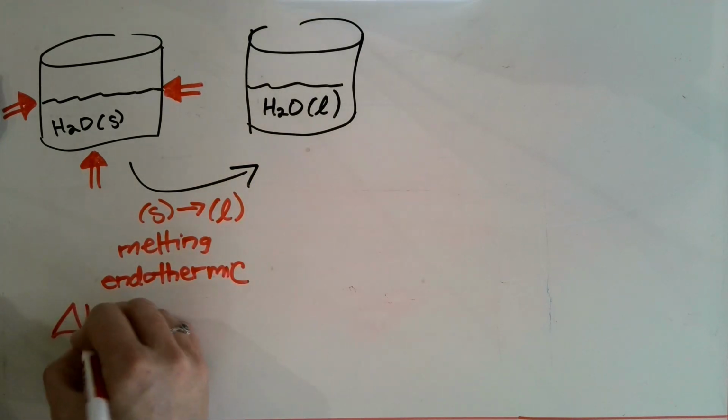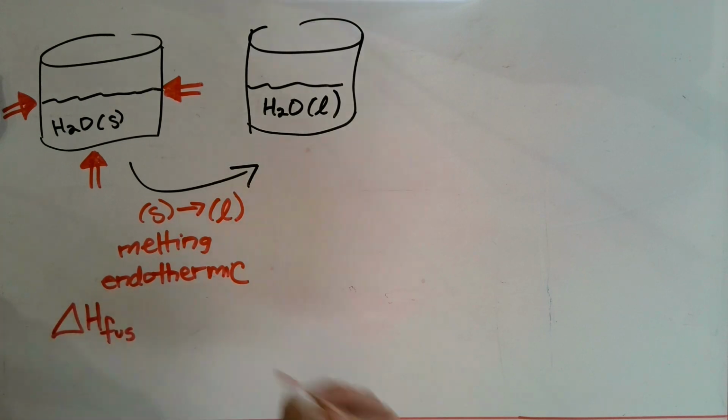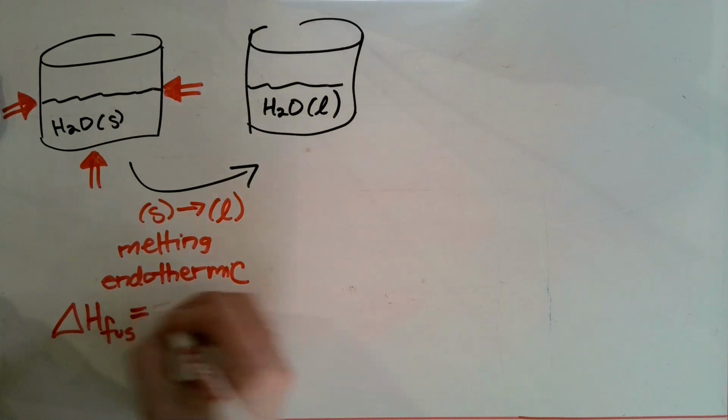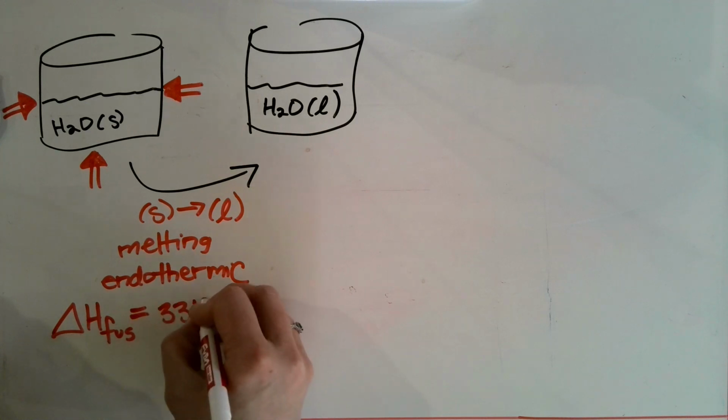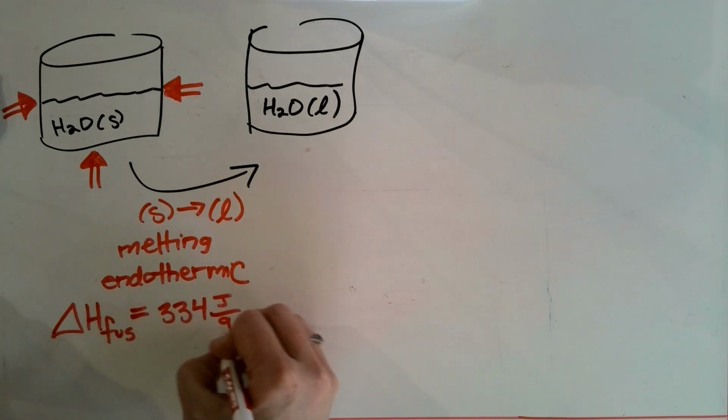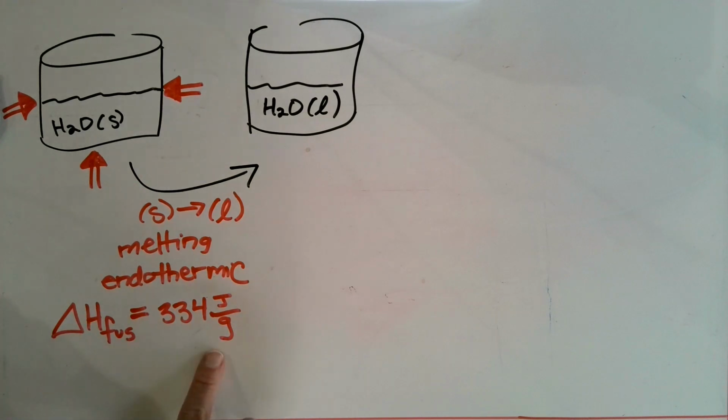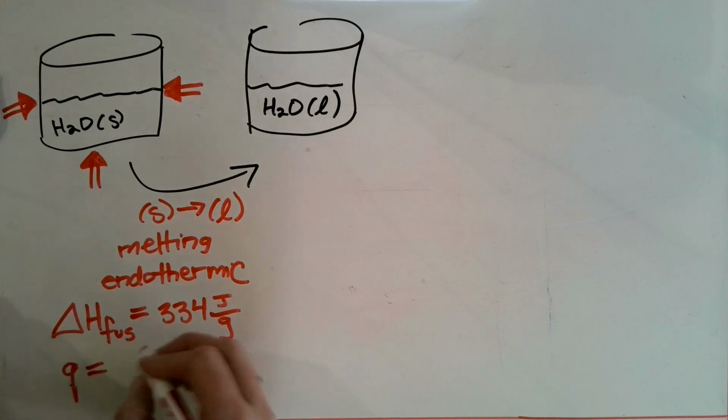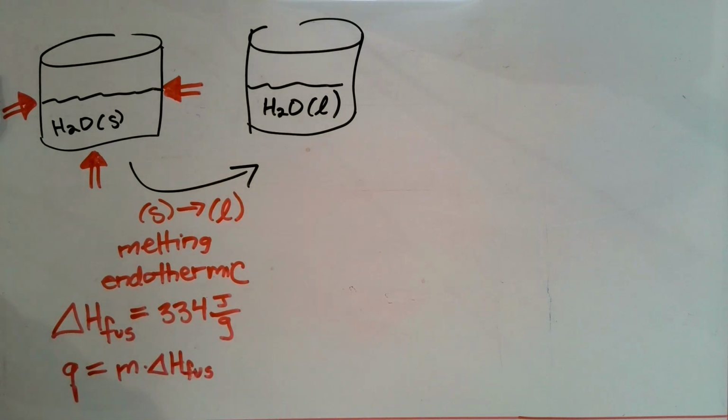And we call that the heat of fusion for water. And that number is specifically 334 joules per gram. What that means is if I have 1 gram of ice and I want to turn it into liquid water, I need to add 334 joules of energy. So there are some questions that ask you what is Q, what is the heat if you want to turn 2 grams of ice into liquid water.